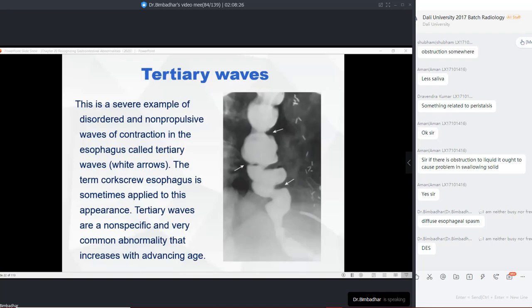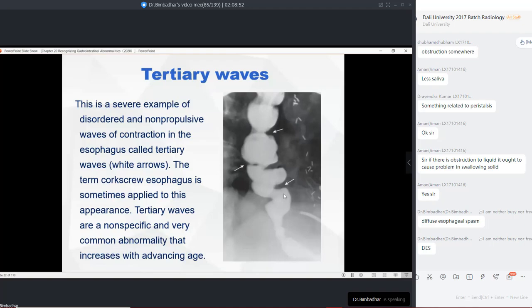So the corkscrew-appearing esophagus is a classical feature of diffuse esophageal spasm, and it happens because of the non-propulsive contractions of the esophagus, which are called tertiary waves. We see the waves appearing here, which gives it a screw-like appearance.